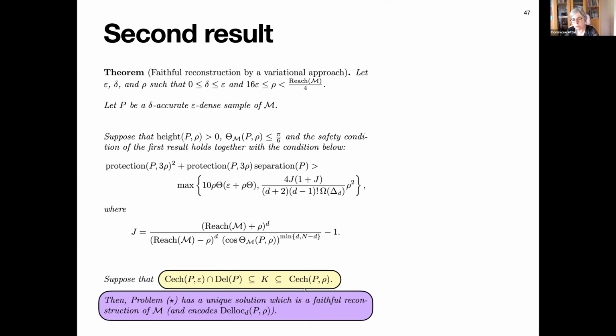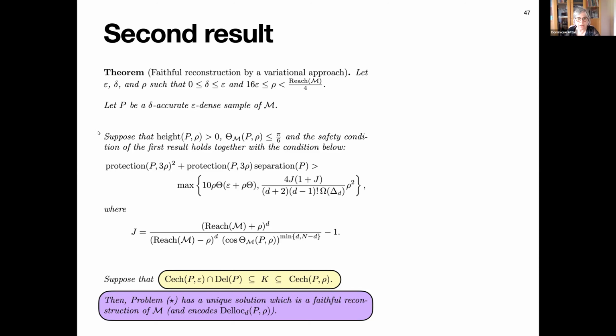It must be contained in the Čech complex of P at scale rho. So the constraints on the K that you can choose are mild. It has to be large enough, but not too big.